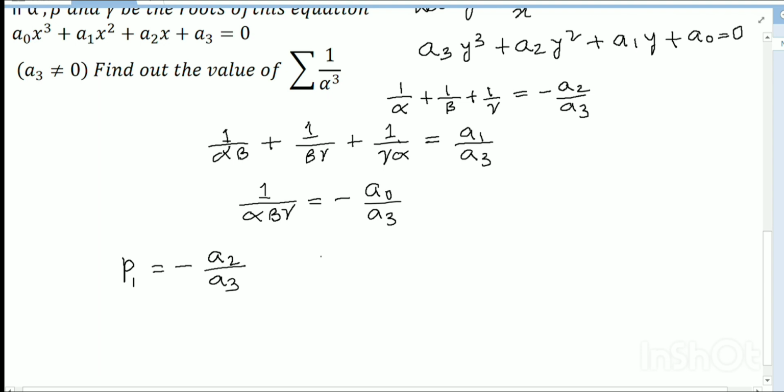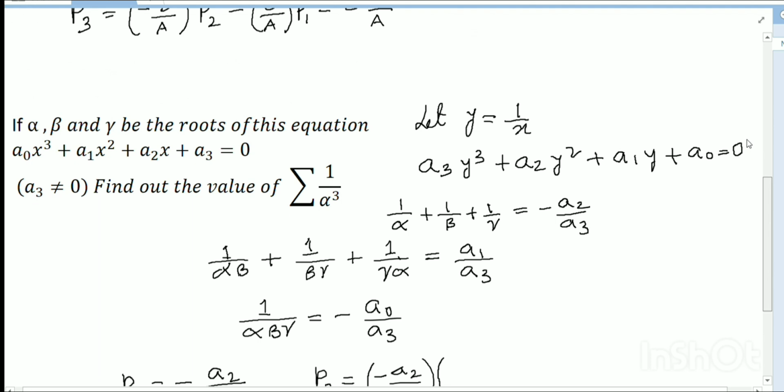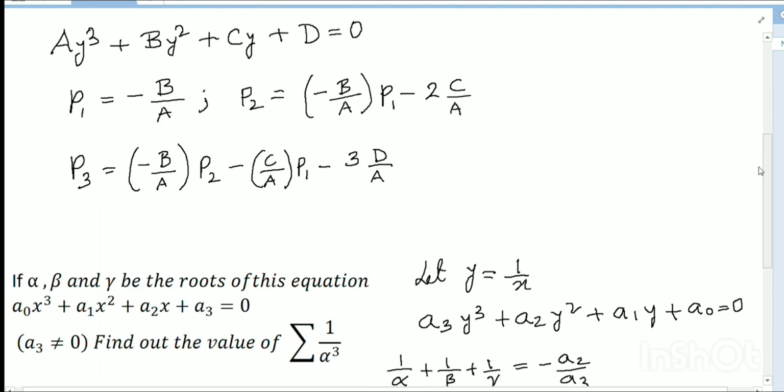Again I have to find out the value of p2. p2 is equal to minus a2 by a3 into minus a2 by a3. You have to check the formula. The p2 formula is minus b by a into p1 minus 2c by a.